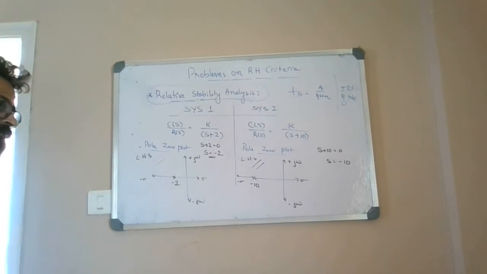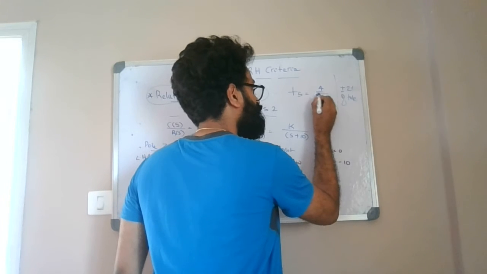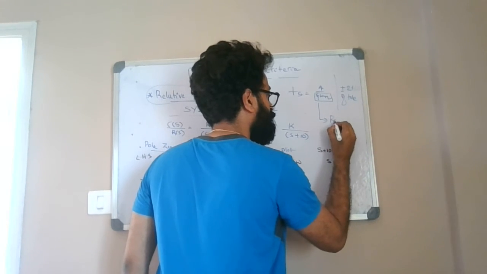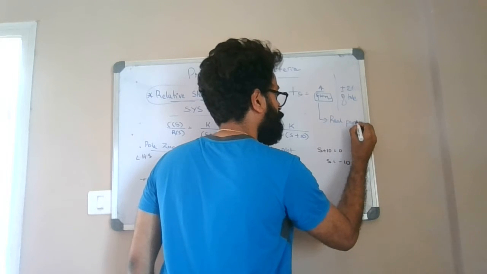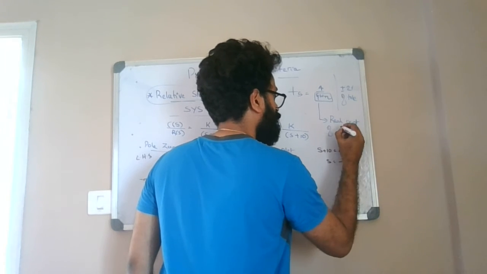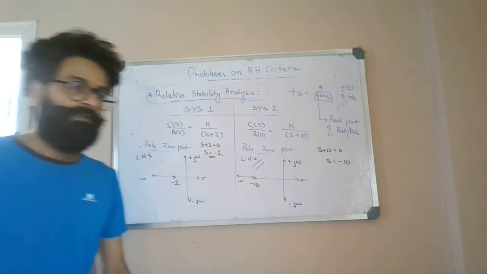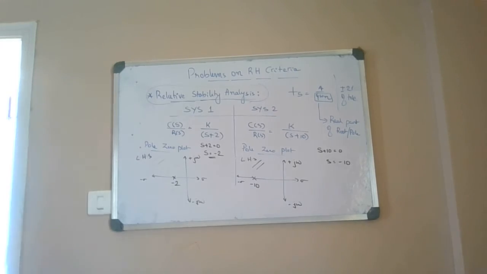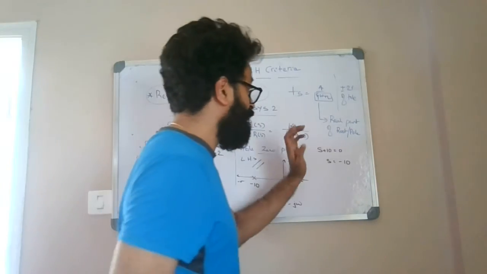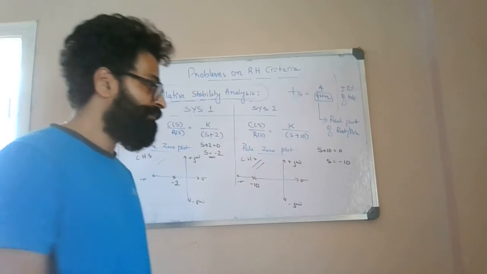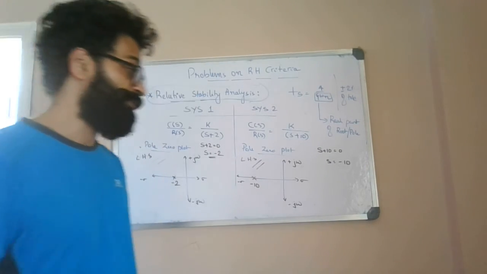So 4 by zeta omega n. Now, what is this zeta omega n? So this zeta omega n is nothing but real part of root or pole of the closed loop transfer function. So zeta omega n is nothing but real part of root or poles of the closed loop transfer function.